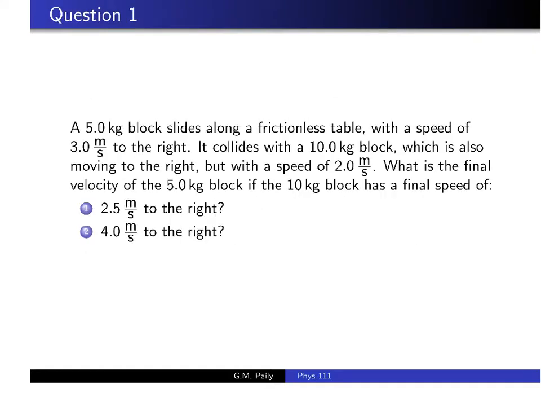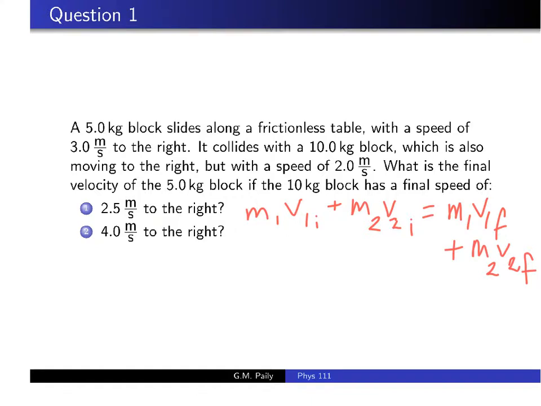Here's an example. Read through the problem and then we'll solve it. We will now solve the problem.